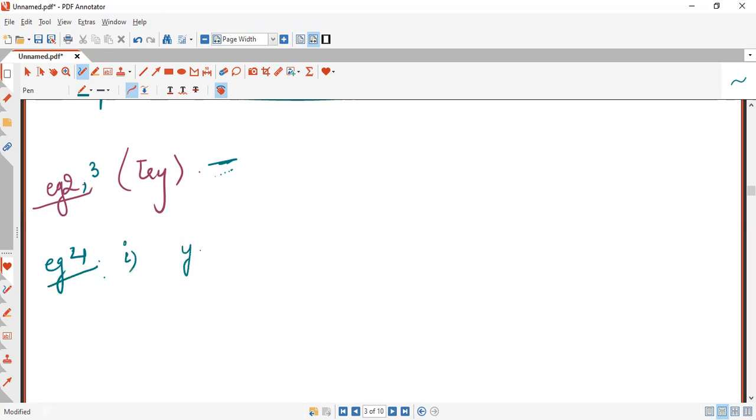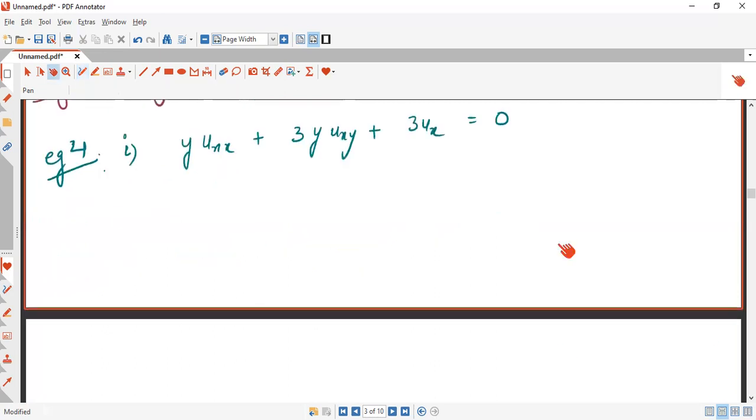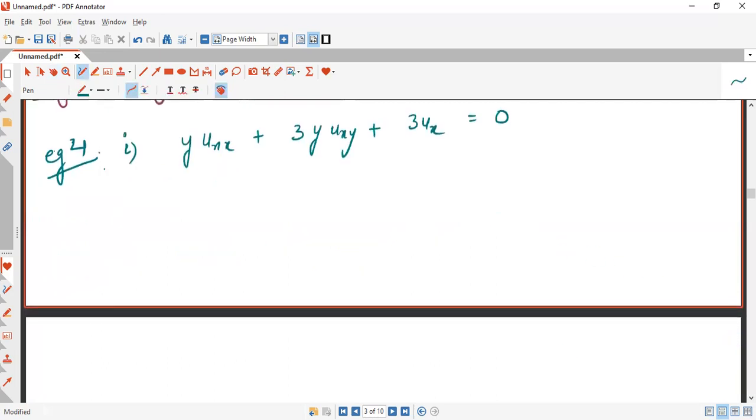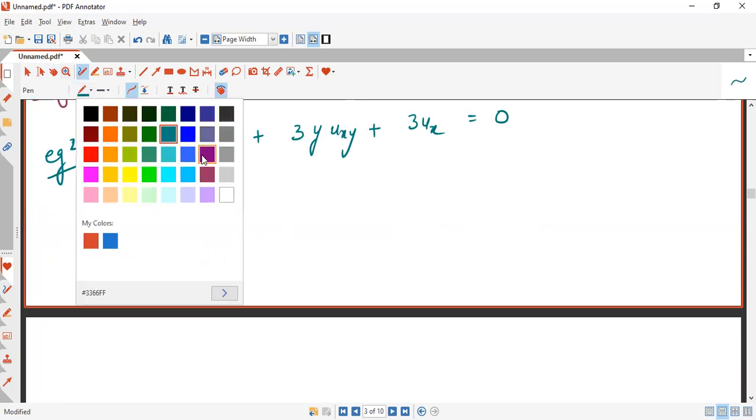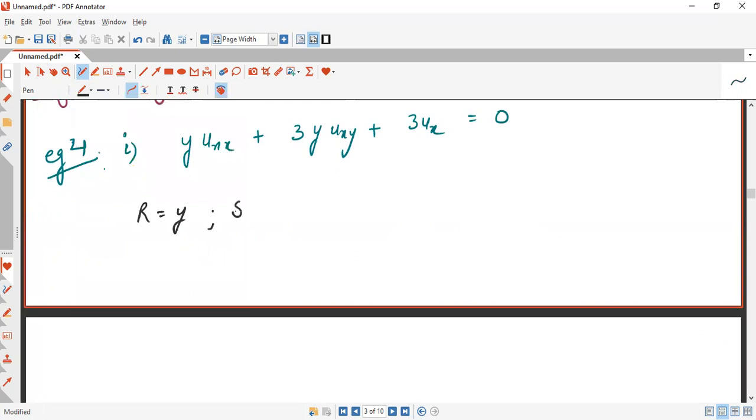You have to find the general solution of the following equation. The first equation is y u_xx plus 3y u_xy plus 3u_x equals to 0. The same steps again. What is r here? What is s? What is t? t is what? 3? No, 0, because u_y's coefficient is 0.